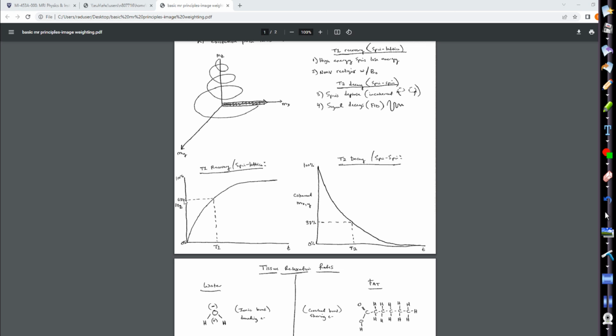And we consider tissues recovered once they've hit 63%. Because we don't want to wait for all the tissues to fully recover, because once again, we're not going to get any contrast between those tissues if we allow them to fully recover, and they'll be the same length in terms of vector size.